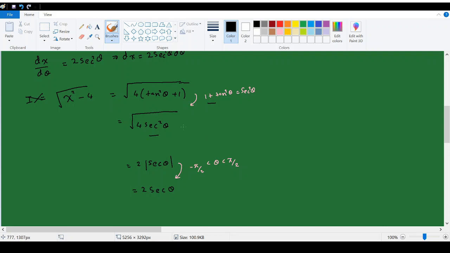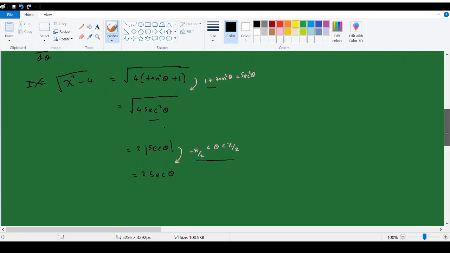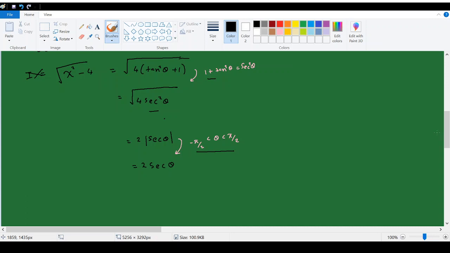So as I explained in the first video, we have the modulus of sec theta, but with the angle that we chose, it becomes just sec theta, because within this angle sec theta will be a positive value, as I explained in detail on our first video of this week.